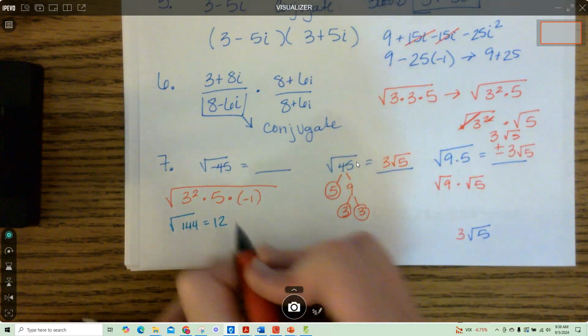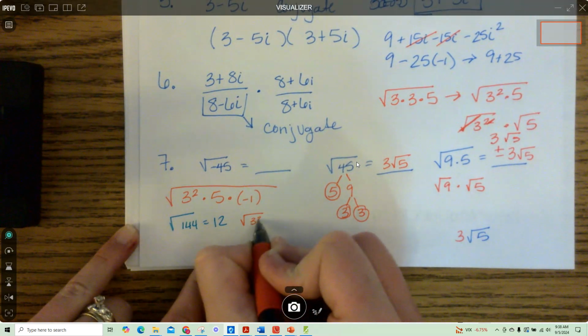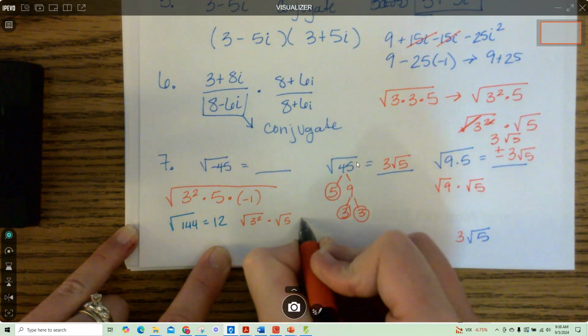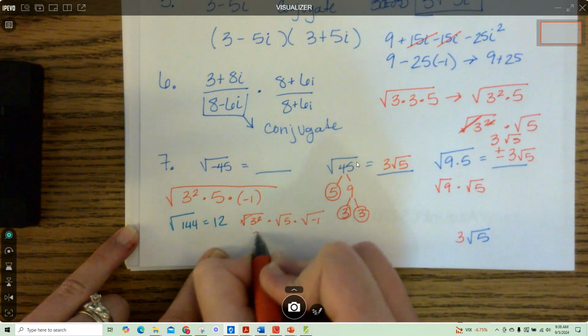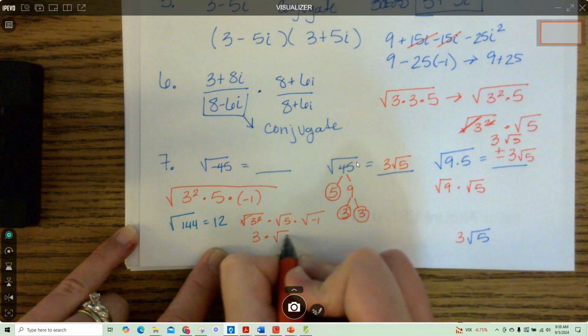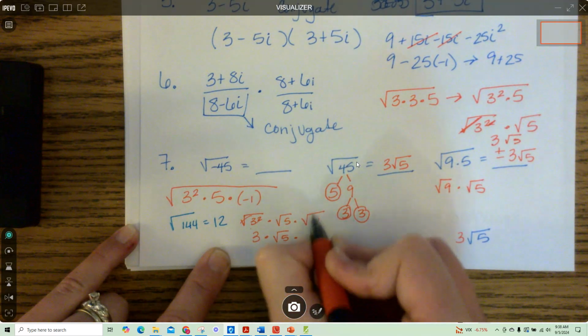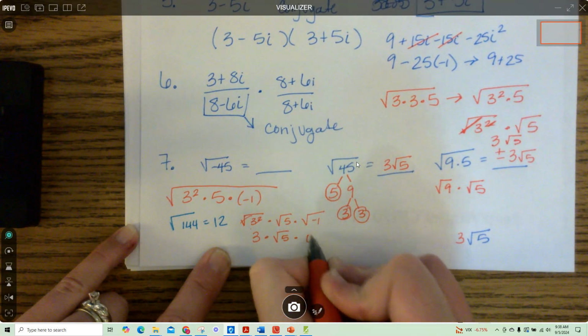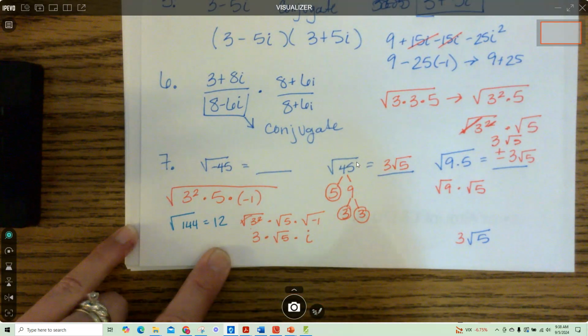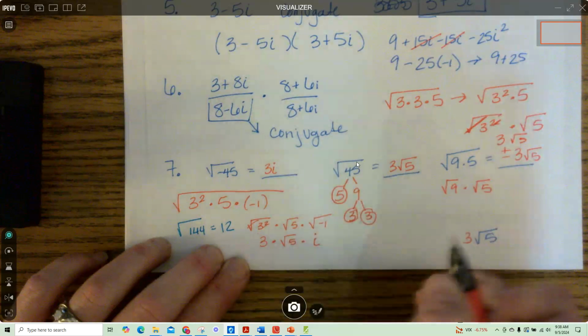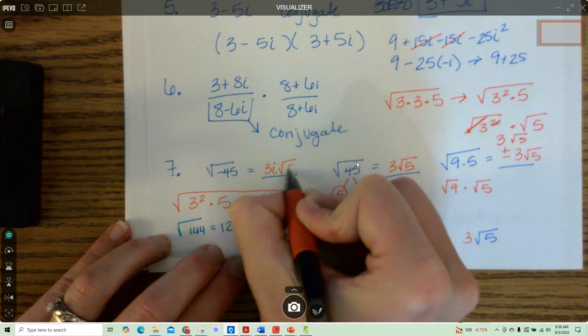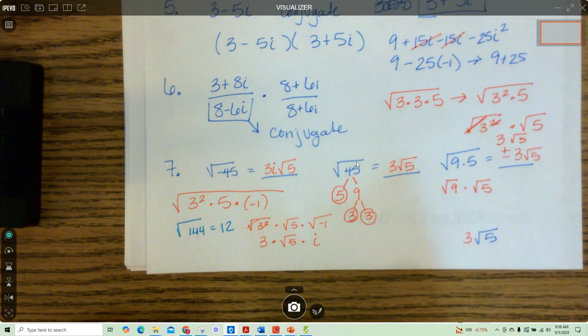And so when we split that radical apart, 3 squared, 5, square root of negative 1, this is going to cancel and simplify to a 3. Square root of 5 doesn't simplify. The square root of negative 1 is an i. And so when I write this in proper form, I would write 3i square root of 5.